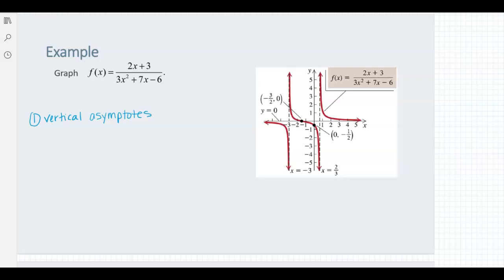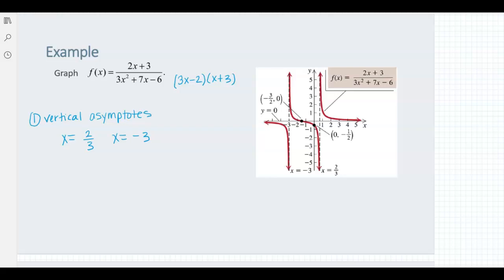So if we factor this, we would have 3x minus 2 and x plus 3. I did this ahead of time. And so that means that the asymptotes are going to be at x equals 2/3, right? And x equals negative 3. Again, I'm looking for the zeros of the denominator, or the points that need to be removed from the domain.